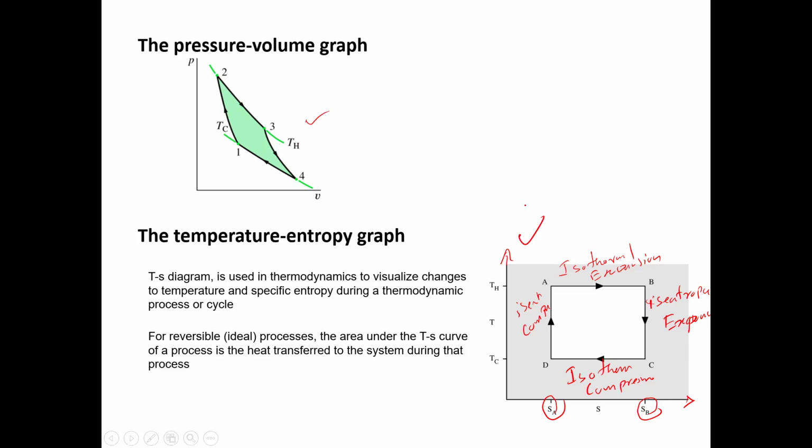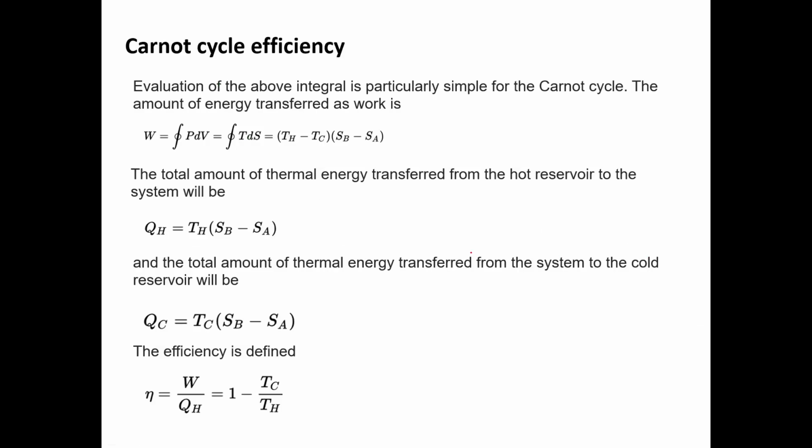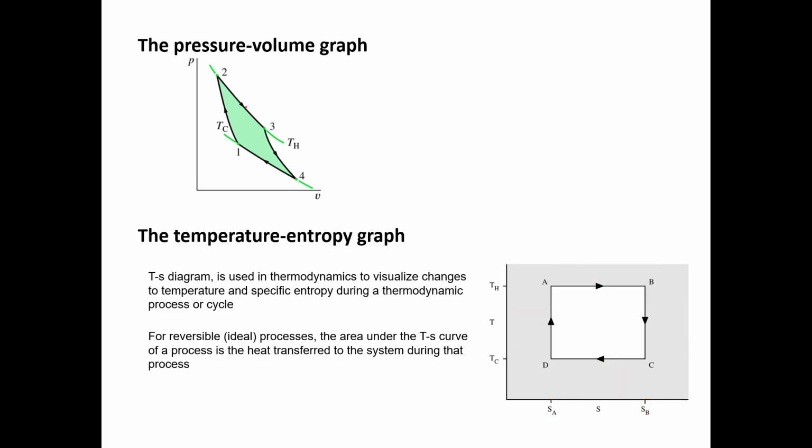Right. Then let me derive the efficiency. For the efficiency, you can see this is the net work out, right? And in the TS diagram, if you remember, the area under the TS diagram represents the total heat absorbed or rejected.